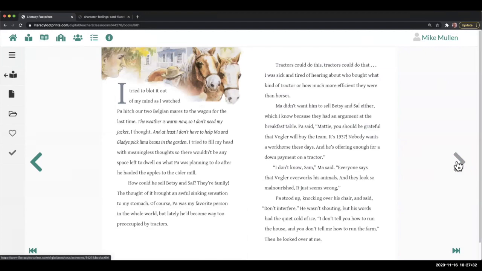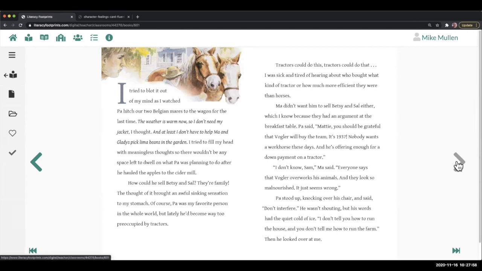I tried to blot it out of my mind as I watched Pa hitch our two Belgian mares to the wagon for the last time. The weather is warm now, so I don't need my jacket, I thought. And at least I don't have to help Ma and Gladys pick lima beans in the garden.